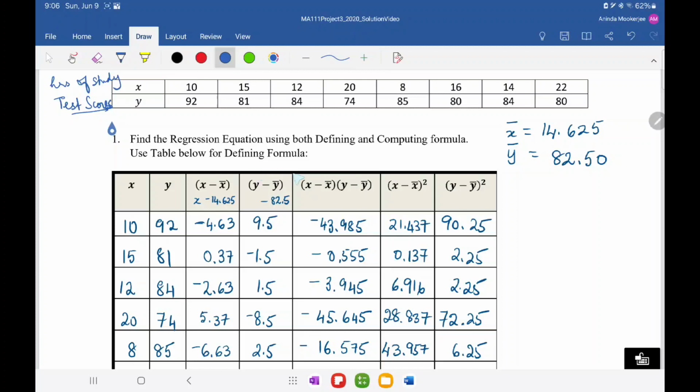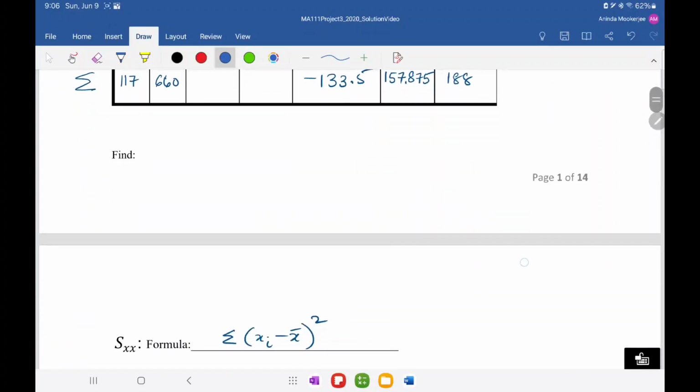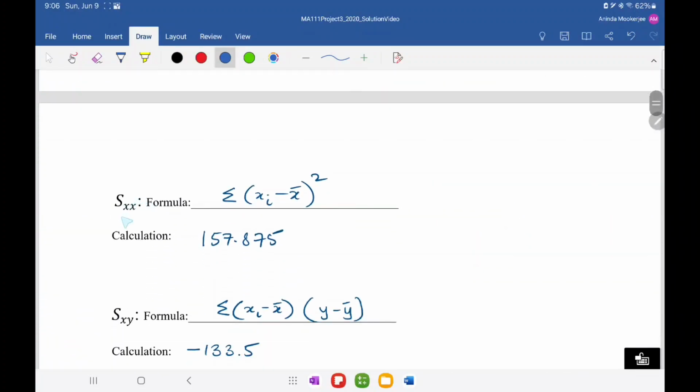Now, to use the defining formula, we have to work through the table. And the defining formula has to take into account these quantities. S sub xx represents how each individual x value differs from the overall mean of x values.